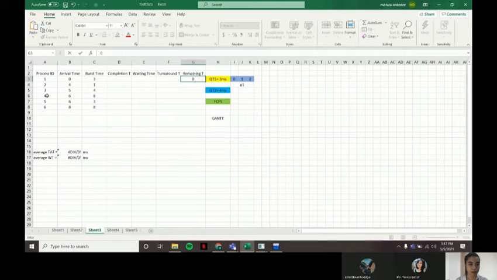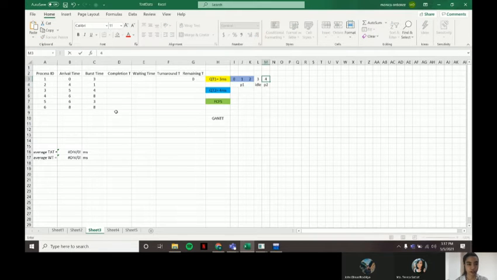The next process that has arrived at time 3 was none, so it will be idle, because the second process will arrive at 4, and that will be process 2.